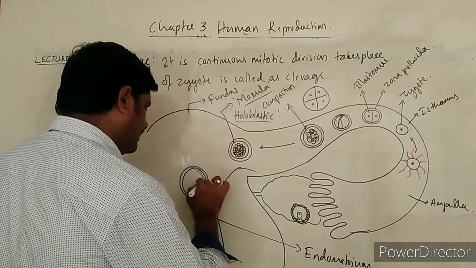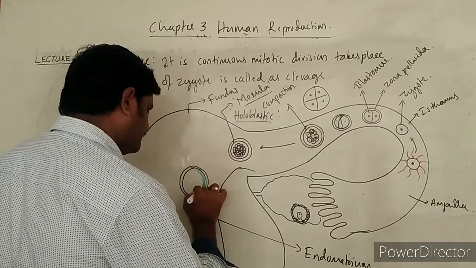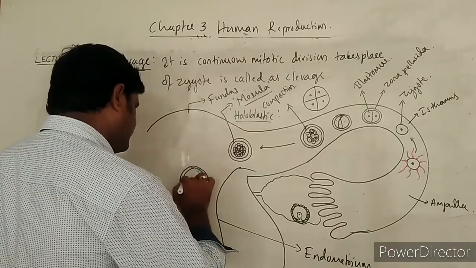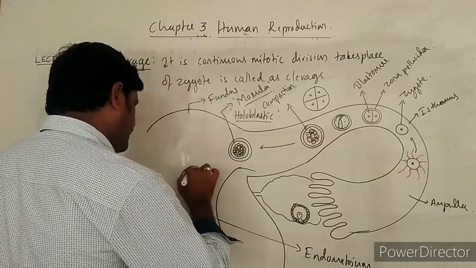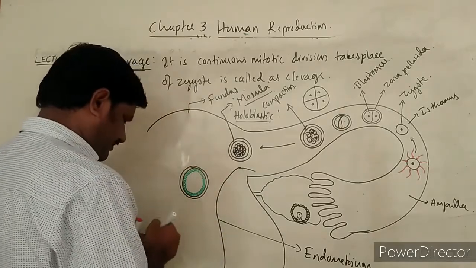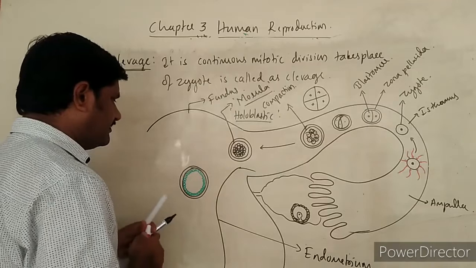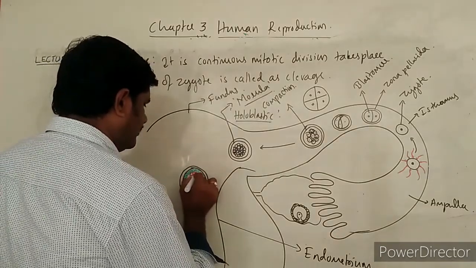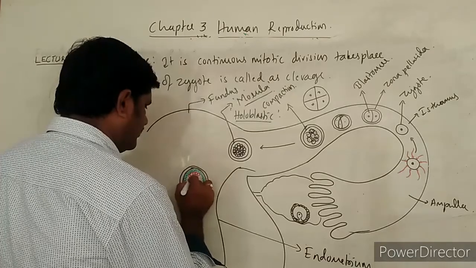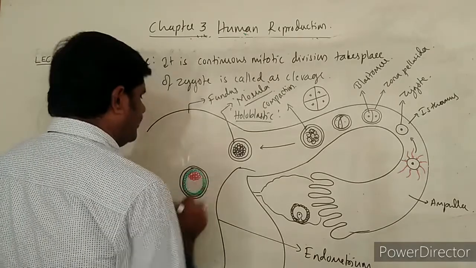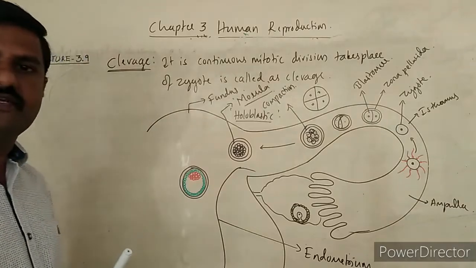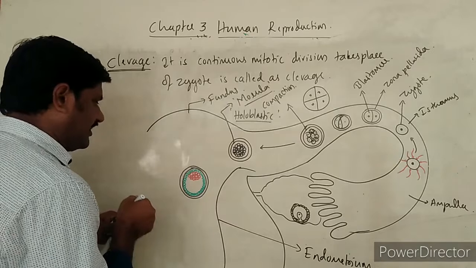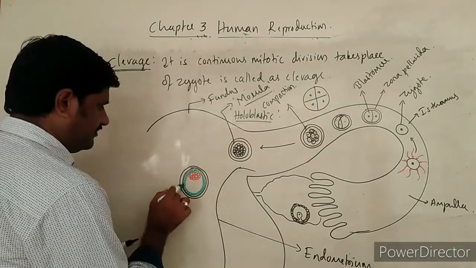This is one cell mass which is formed over here, and another cell mass is also formed over here. These are the two cell masses that are formed. The greenish one is called a trophoblast that surrounds the inner cell mass.